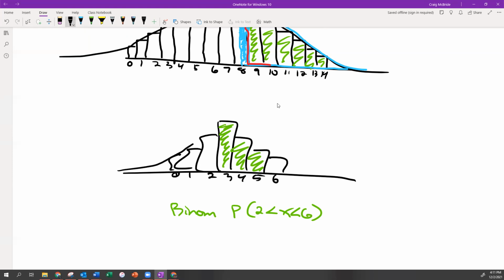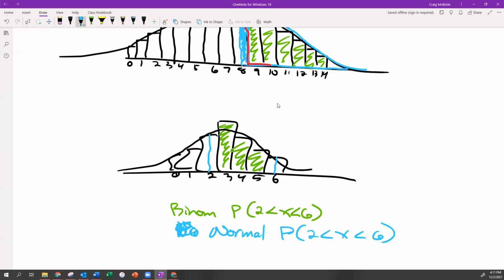Again, if we fit a normal curve to it, and then we come in here and we go, okay, so for the normal curve, if we do the probability between 2 and 6, it's going to cut here and here.